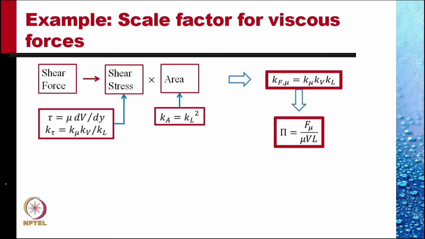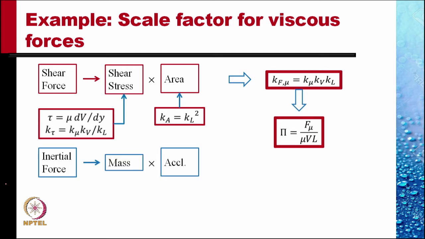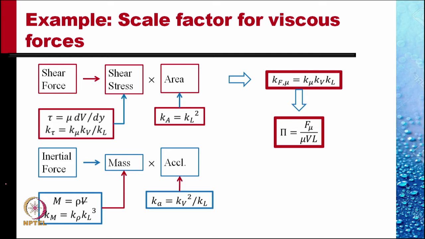Similarly, we do this for the inertia force. Inertia force is mass times acceleration. The mass is density times the volume. So, K mass is K density times K length cubed, since the volume is like length cubed, and from the convective acceleration we obtain K acceleration is Kv squared divided by Kl.